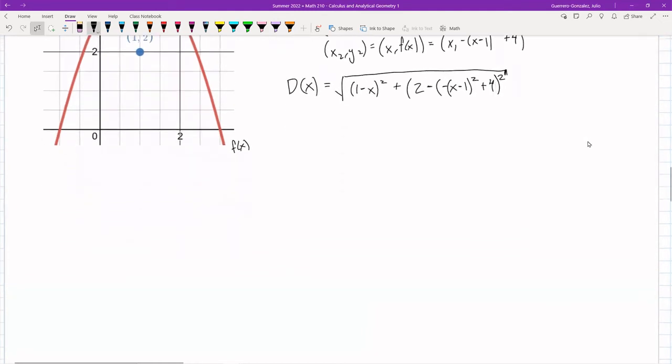So here we go. Step 3 now. Now we get to do what we came here to do. So I need d prime of x. Let me actually write regular d first. I'm going to rewrite this. It's going to be 1 minus x squared plus 2 minus, I'm going to go ahead and clean this up a little bit, plus x minus 1 squared minus 4 squared, and then all of this to the 1/2.